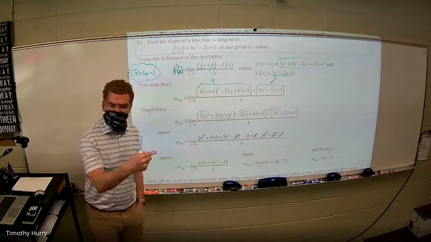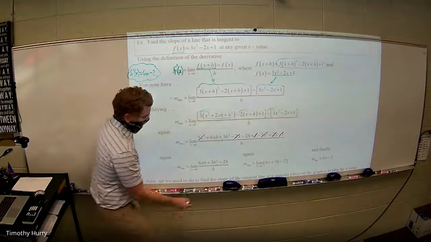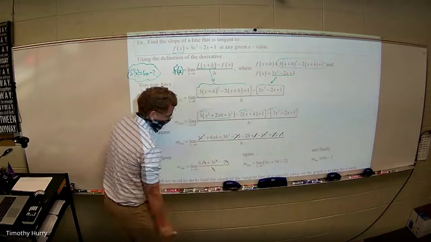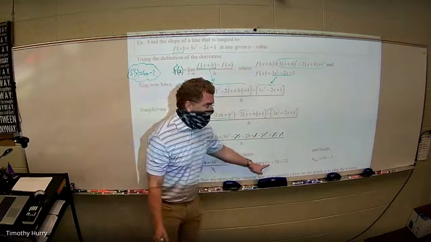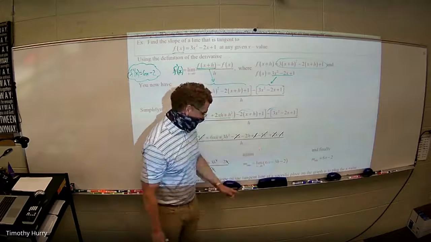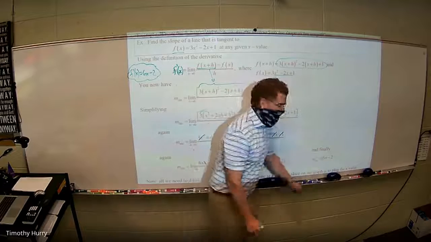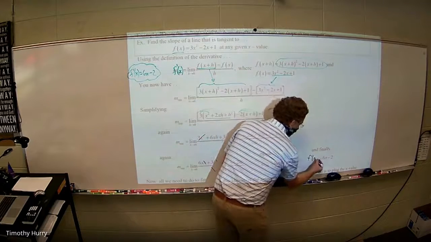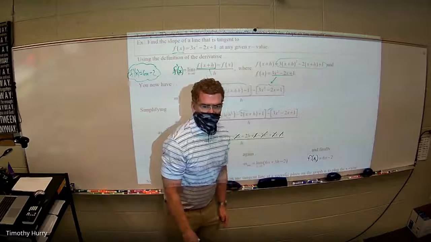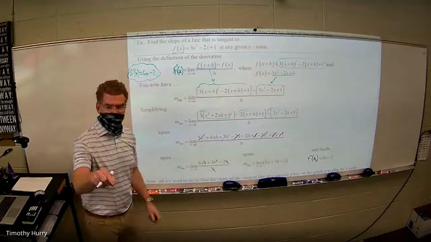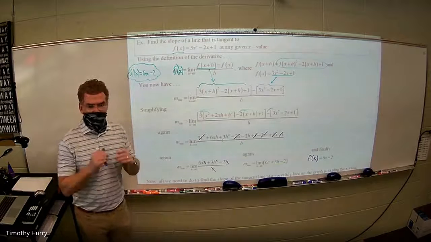And if it has an h in it, what can you do? Cancel one of the h's out of each part, which now leaves you this. Now you do the limit by plugging the 0 in for h, and you're left with 6x minus 2, which would be my derivative of my function, which we already knew was going to be 6x minus 2, and you will tomorrow once you learn the rules of taking a derivative.